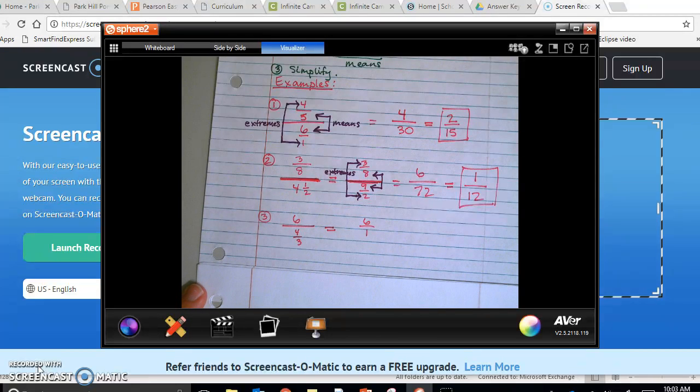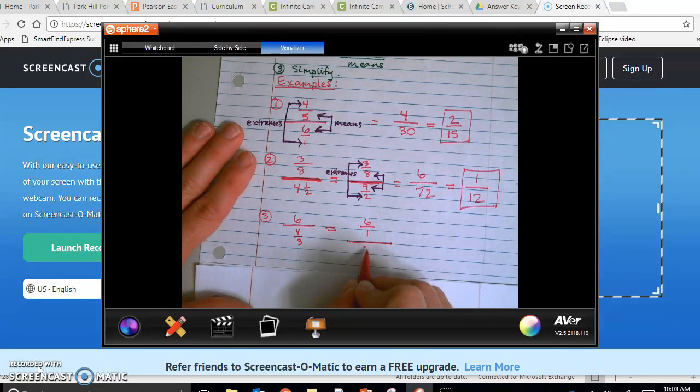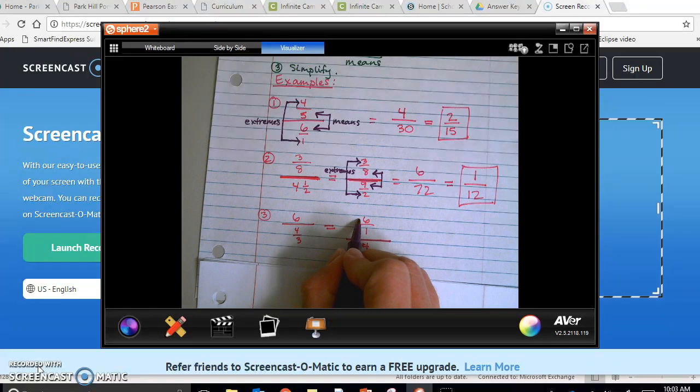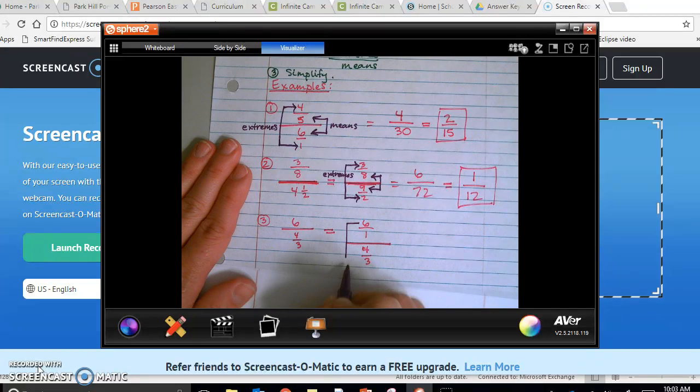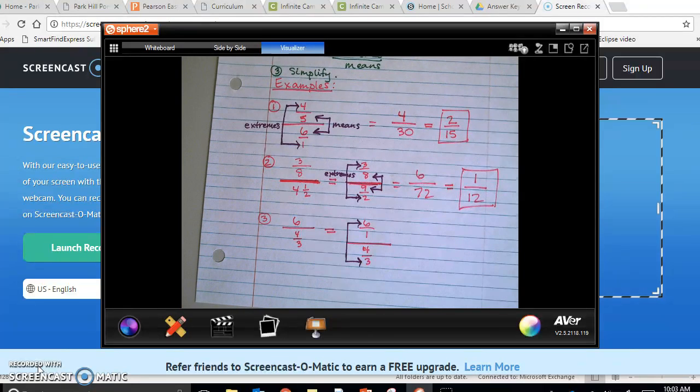So I'm going to write 6 over 1, and then my denominator stays the same as 4/3. Now I'm ready for step 2, which is to rewrite the ratio as extremes over means. I identify my extremes, the numbers that are farthest away from my fraction bar. I have a 6 and a 3.